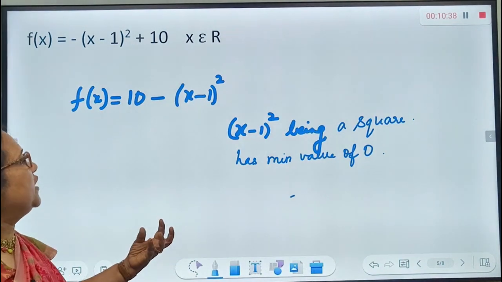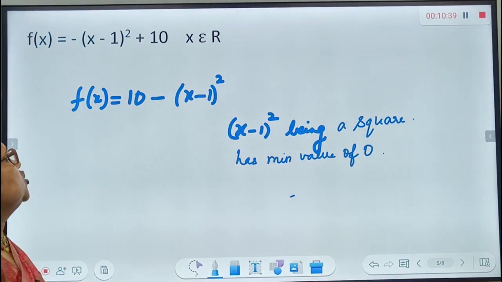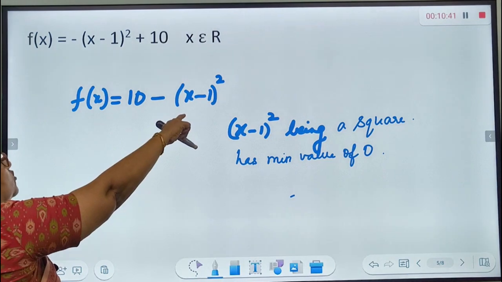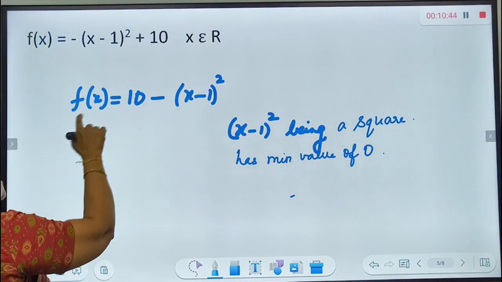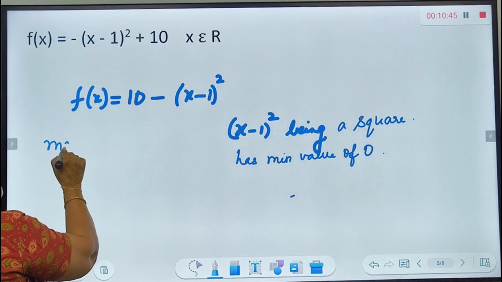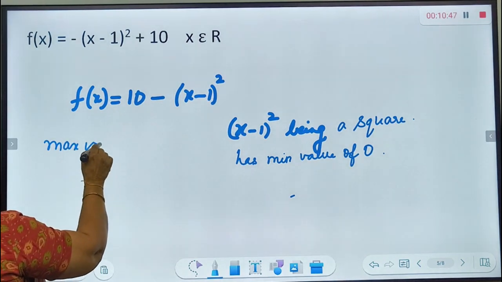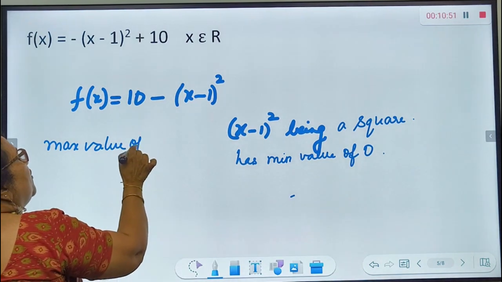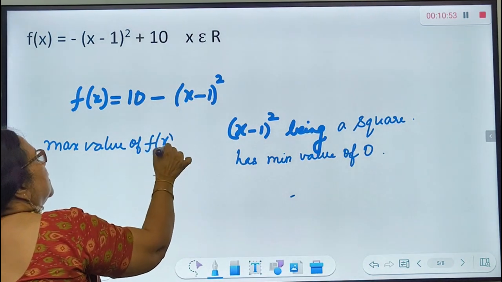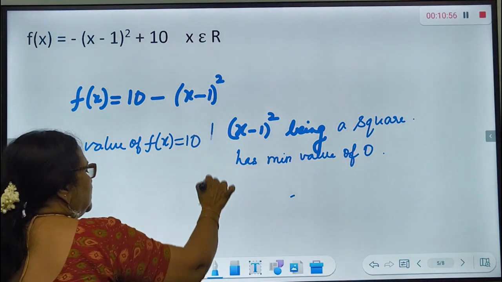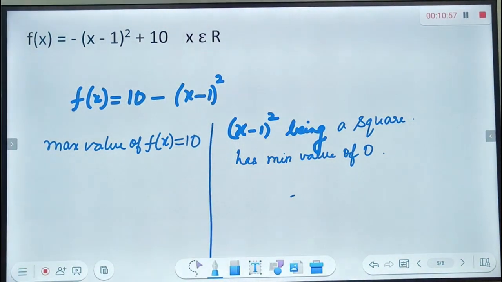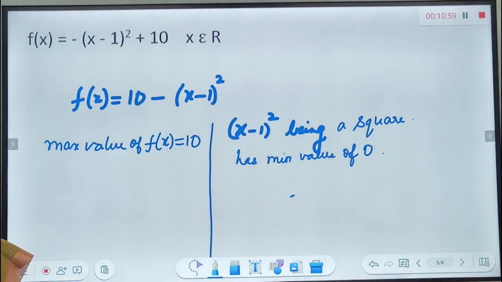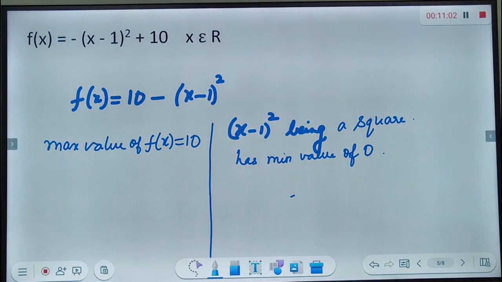So the minimum value it can have is 0. Okay. So when x minus 1 the whole square is 0, f of x is 10. So maximum value of f of x, because it is 10 minus this, is 10. Are you able to follow? The maximum value of f of x is 10.